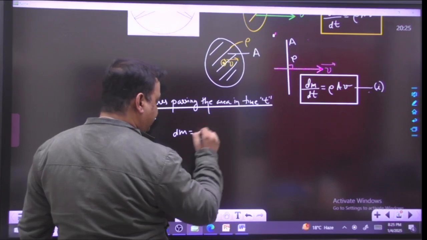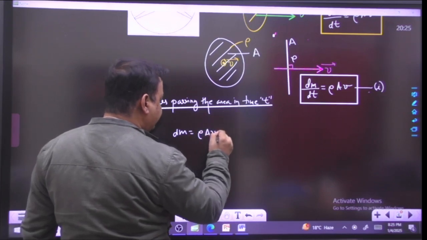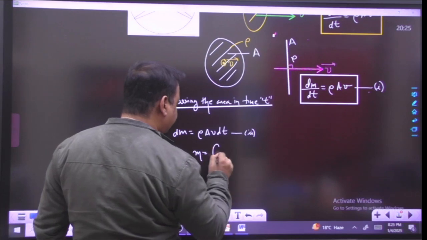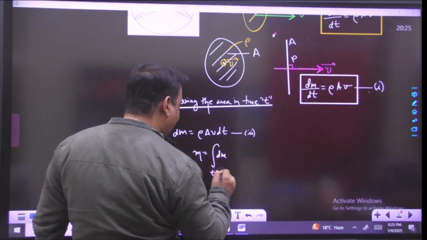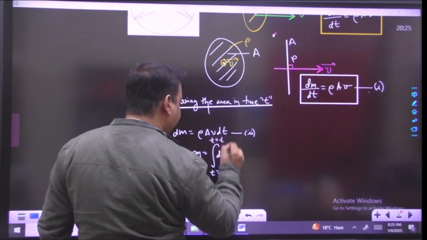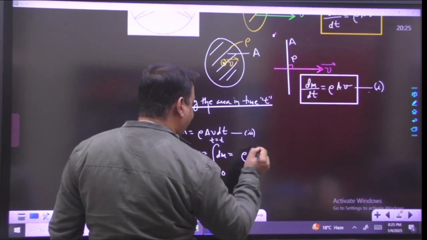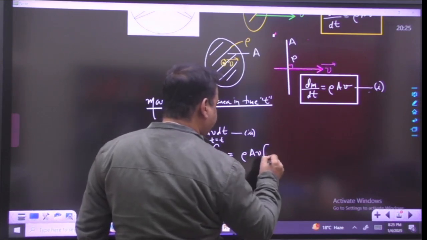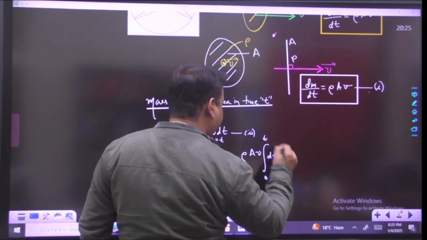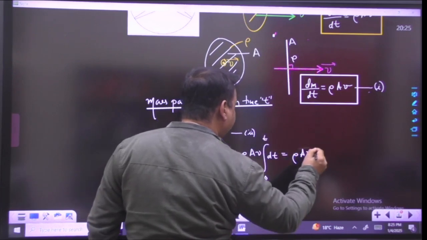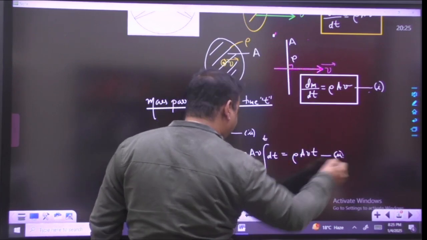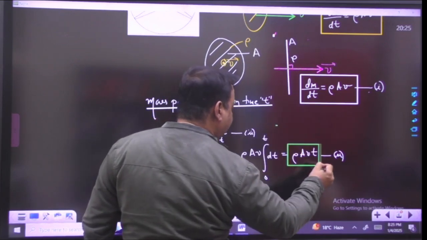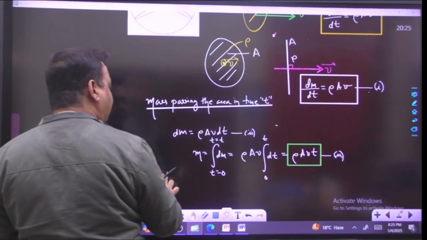Making dm the subject, dm is rho A v dt, and if you need to find m, it will be simply the integral of dm from 0 to t. Rho is a constant, A is a constant, v is a constant, so you'll get the integral of dt from 0 to t. So your answer will be rho A v t. This is the mass of the wind coming through the circular area in a time t. That is the answer to part A.